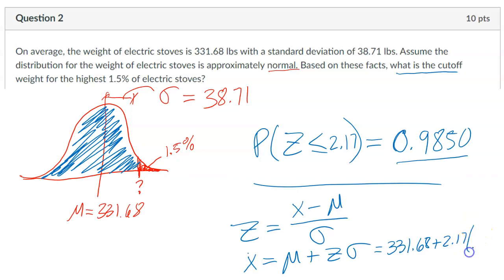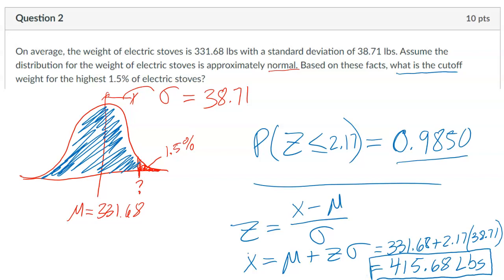And sigma we have as well, that's 38.71. We calculate that, and that would be 415.68 pounds. So this will be the answer for this question.